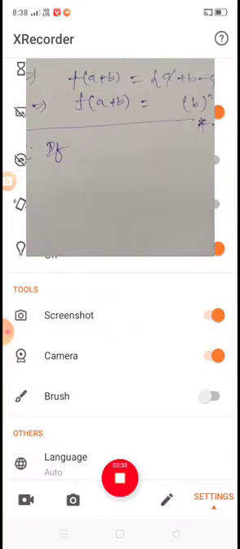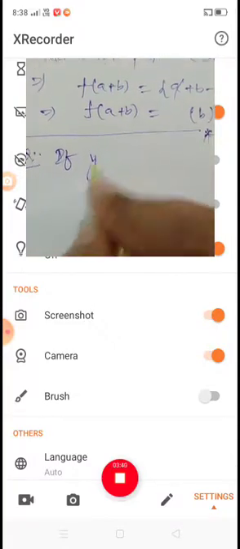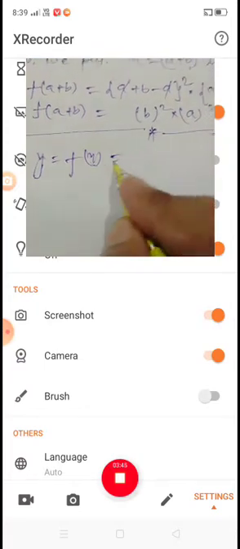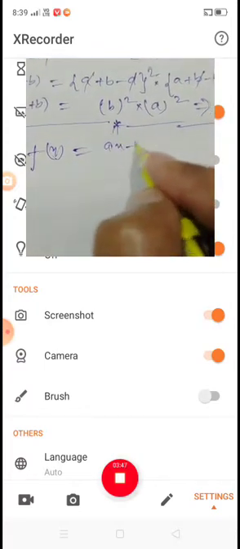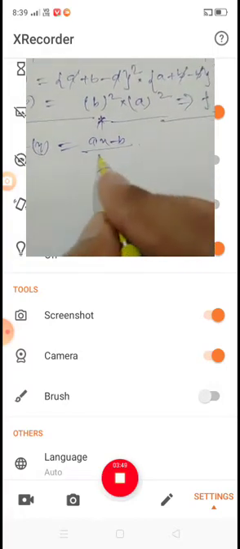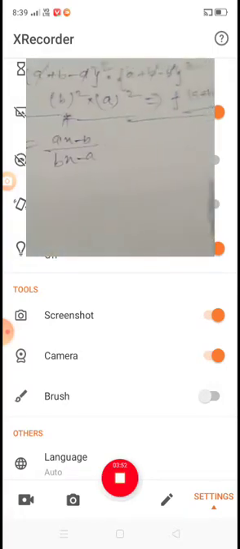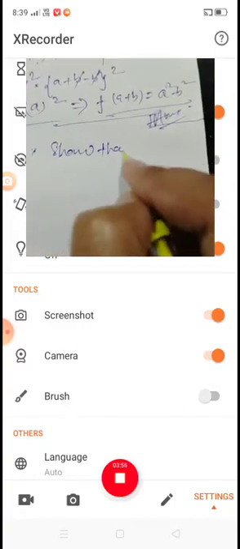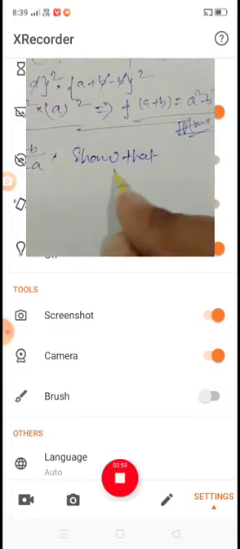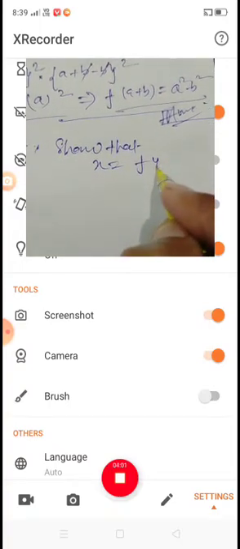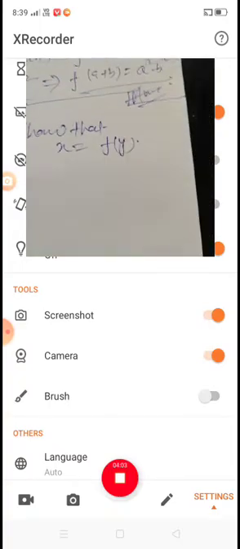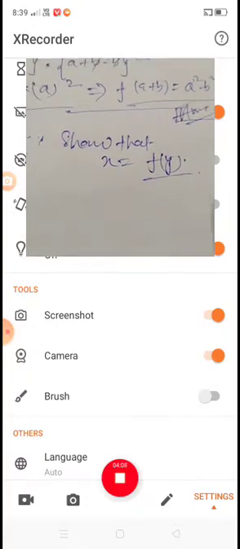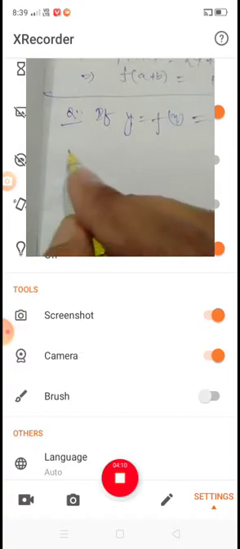If y is equal to f of x and it is defined by (ax minus b) upon (bx minus a), show that x is equal to f of y. Show that x is equal to f of y. Now let's solve it.